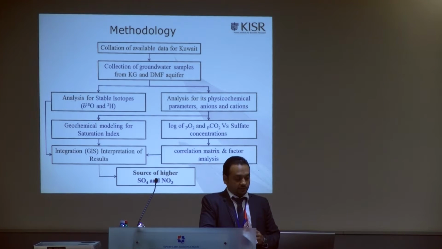And we started with geochemical modeling for saturation index and log of partial pressure of oxygen and carbon dioxide versus sulfate concentration, then correlation matrix and factor analysis, then integration of the interpretation of results with GIS, and finally understanding the source of high sulfate and nitrate.